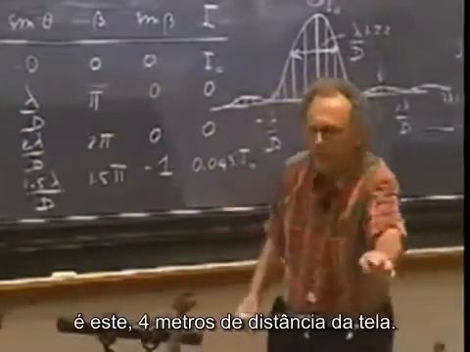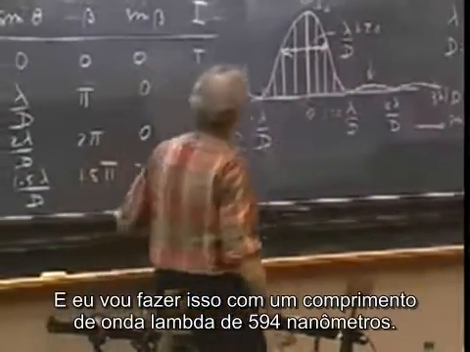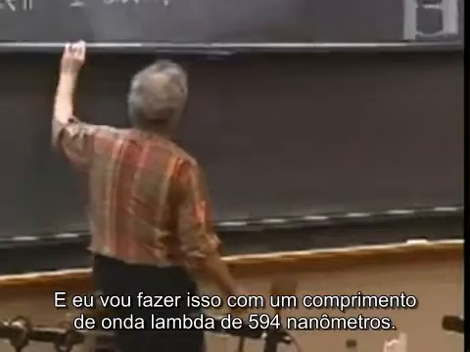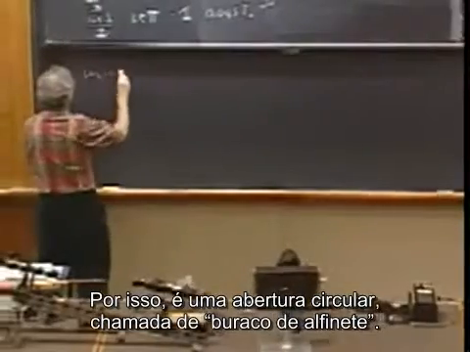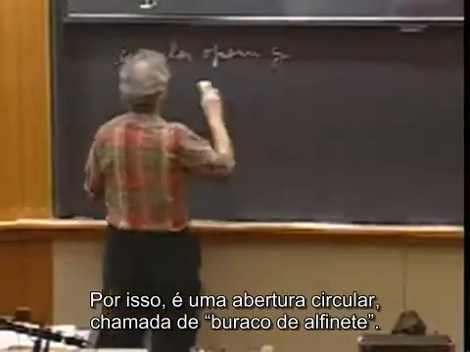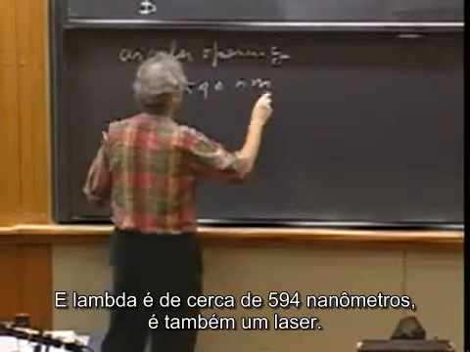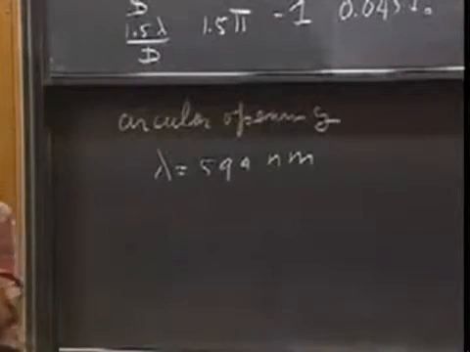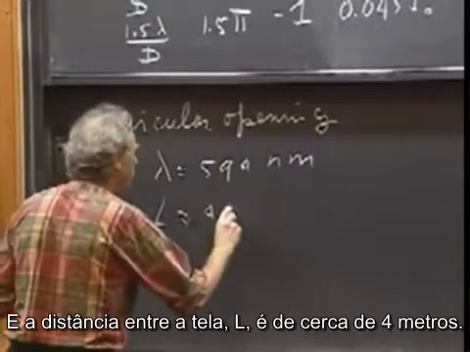I'm going to do this with a wavelength lambda of 594 nanometers. So it is a circular opening, call it a pinhole, and lambda is about 594 nanometers. It's also a laser. And the distance to the screen L is about 4 meters.